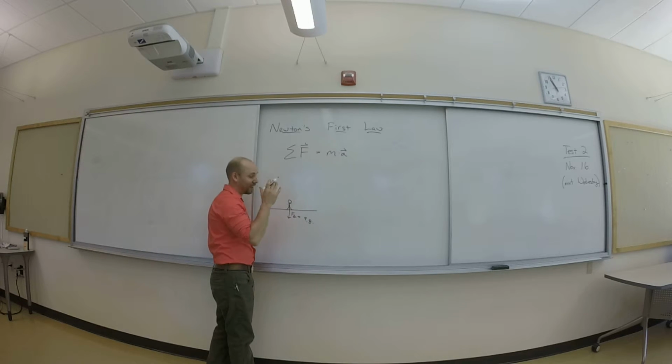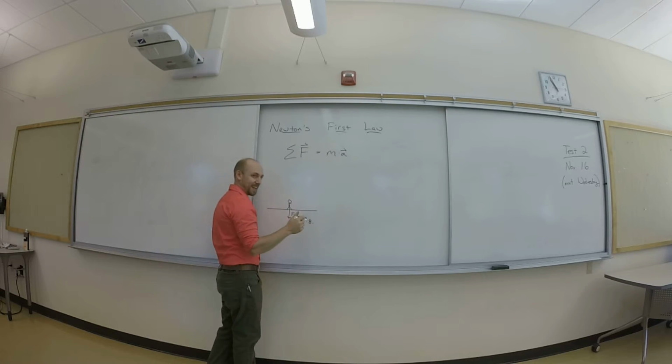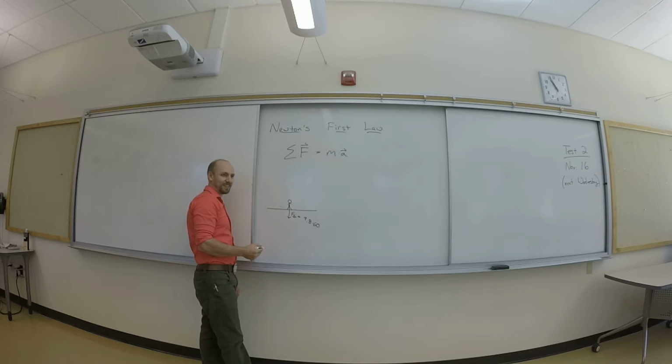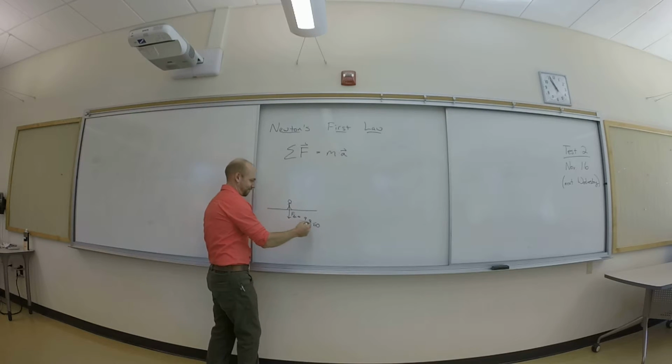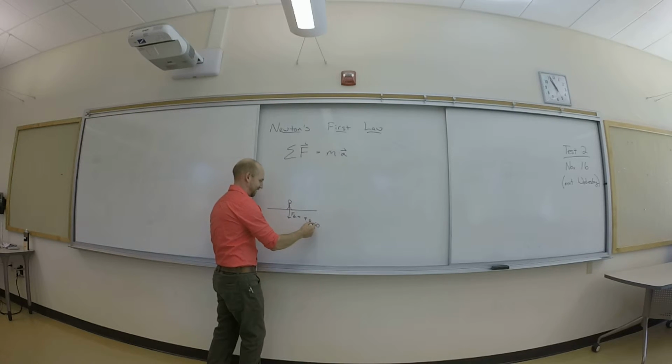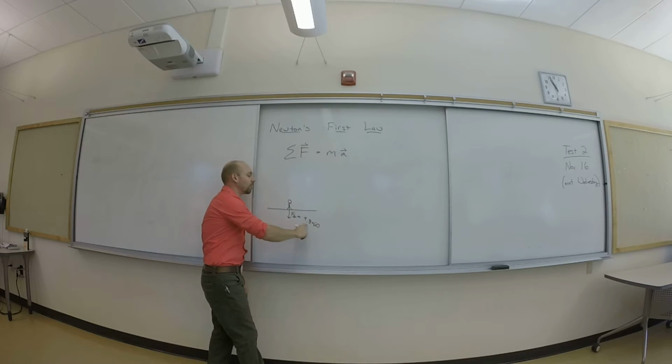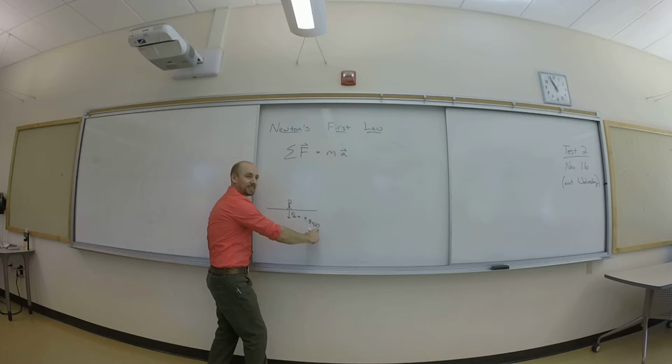Okay, so let's put it in kilograms and get over our hurt feelings. So we'll just call it 60 kilos. Don't worry, it's in kilograms. That doesn't mean anything. So right now I have here an acceleration due to gravity and a mass.